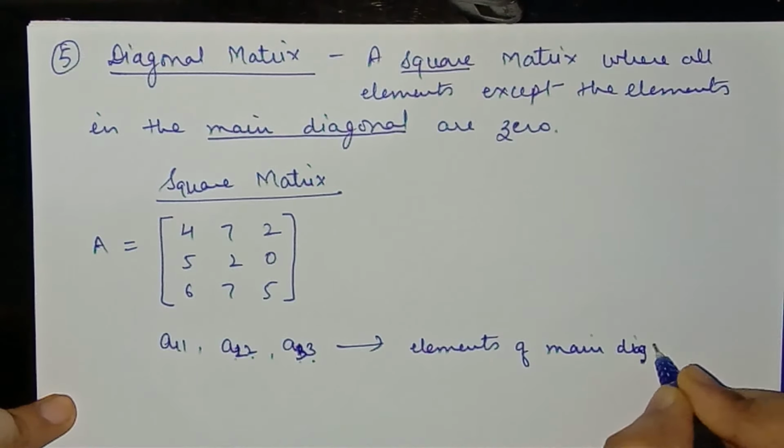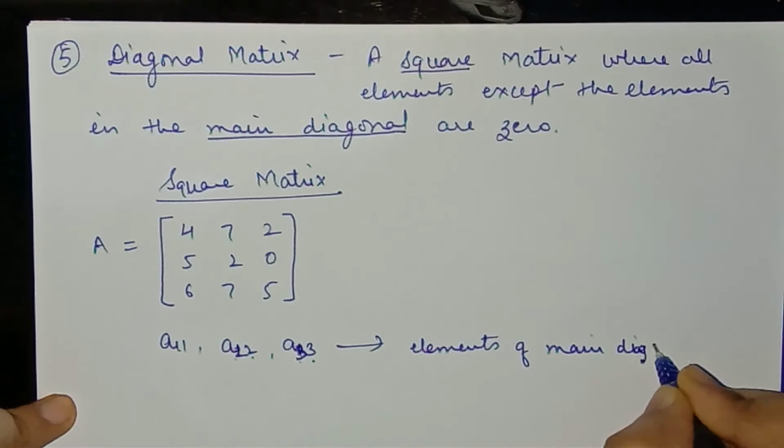So these elements appearing in the same row and same column, 4, 2 and 5, are forming your main diagonal.